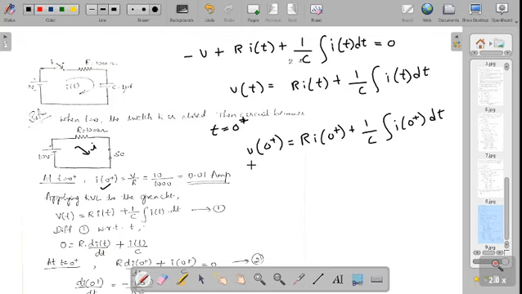When you differentiate, the differentiation of a constant is 0. Since the voltage is constant, this value would be 0.